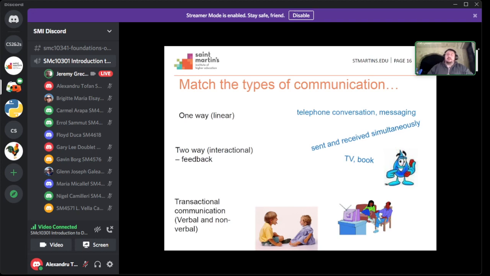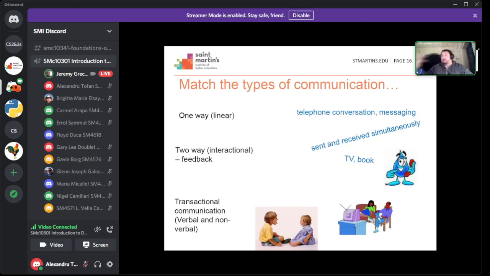And then you also have what is known as transactional communication. So having this in mind, you can already start to imagine how different types of media and different types of devices make use of different types of communication.